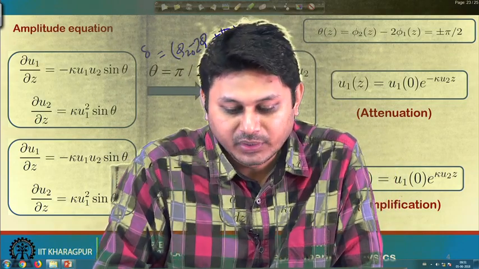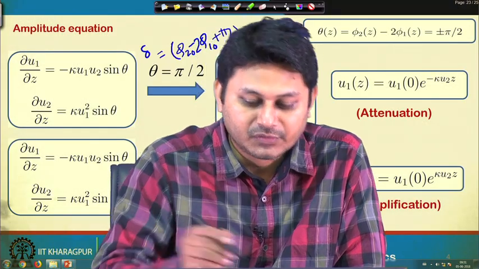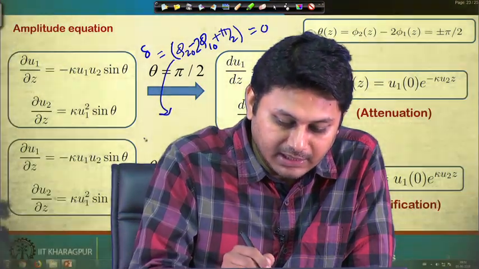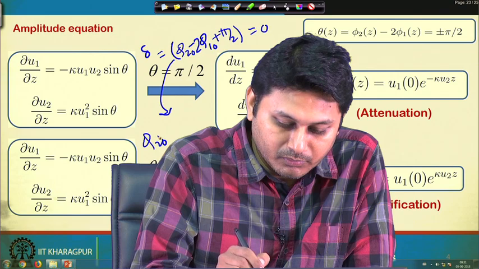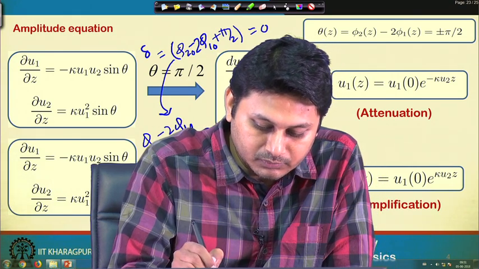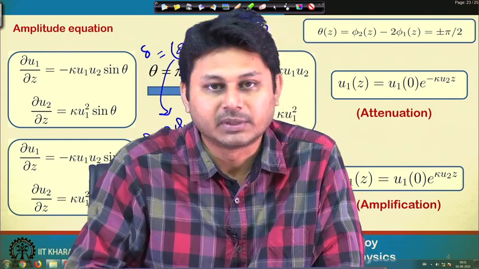And we say that when this is equal to 0, we will get some kind of amplification. So, if it is 0, then from here we can say that phi 2 0 minus 2 phi 1 0 is equal to minus pi by 2. This pi by 2 will go to this side and we will get pi by 2.